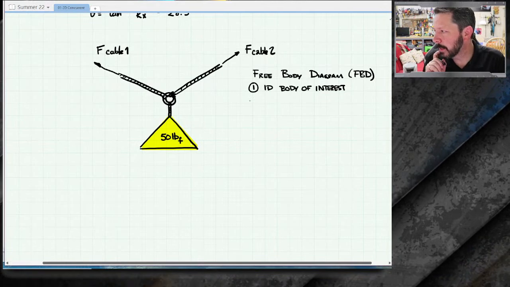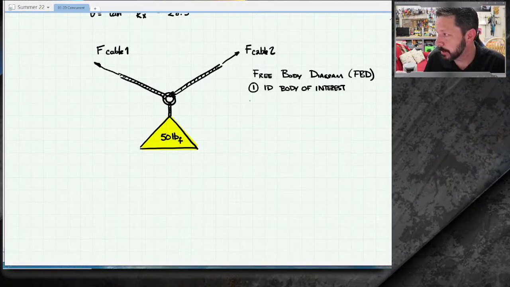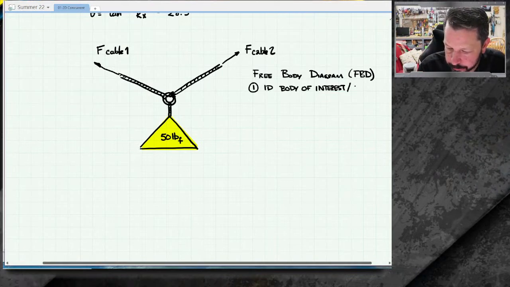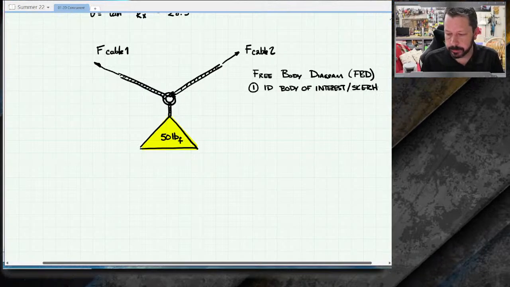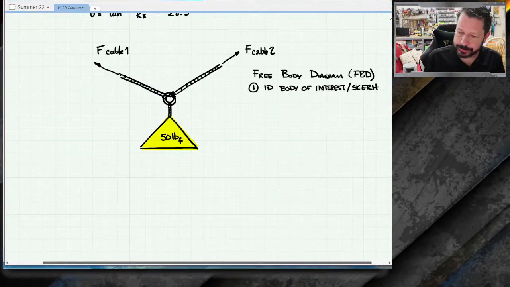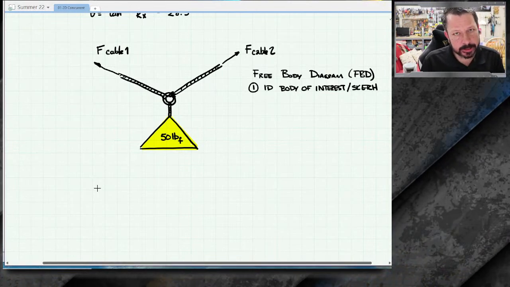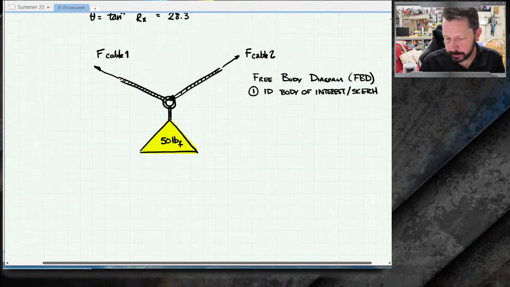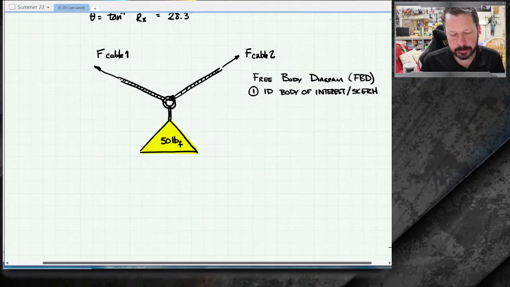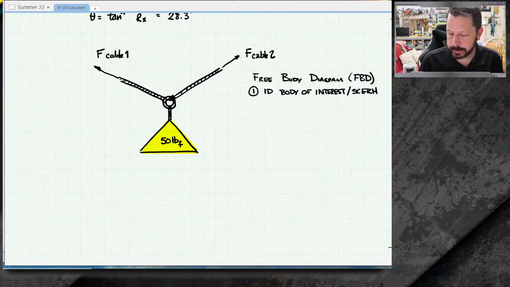And what I want to do next is, after I've identified this body of interest, I want to sketch the body of interest. So sketch, draw, whatever you want to do. That should say sketch. It looks weird. Let's draw a little circle here. I'm going to draw it relatively large. Because one thing about drawing these diagrams is that you're using them to help you solve the problem. And so if you draw them really tiny, it's going to get real cluttery, right?